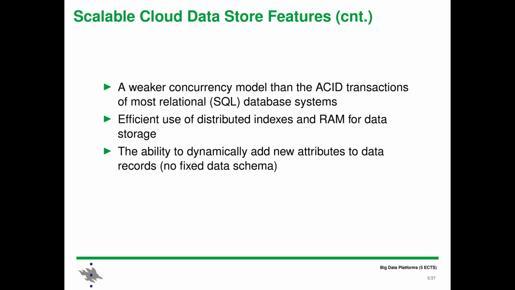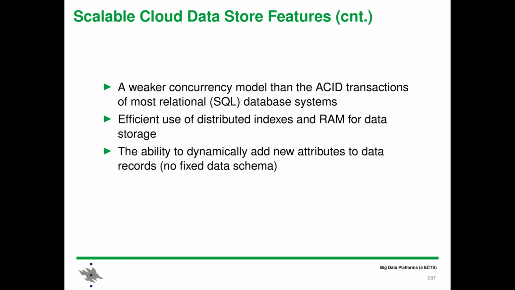Other features that are also associated with these cloud-based data stores are the following. Quite often, many of these systems do not have full ACID transactions in them. Instead, people are using weaker concurrency models, for example, having AP systems that are available and partition tolerant.